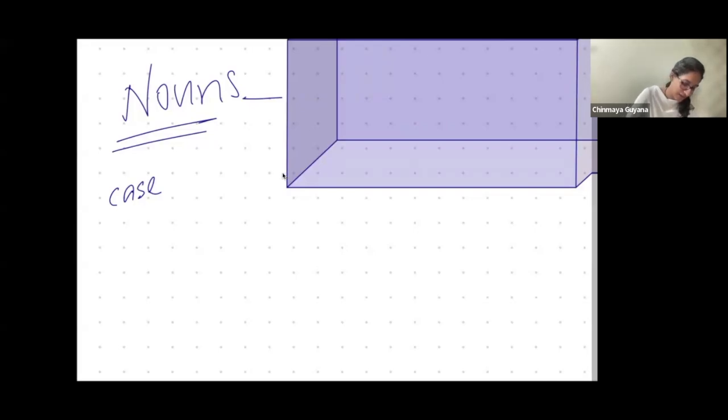Very good. Case, gender, and number. How many cases are there in Sanskrit? 8. I hope no one had to check their notes for that. 8 cases. You'll have case 1 to 8 in Sanskrit. How many genders?